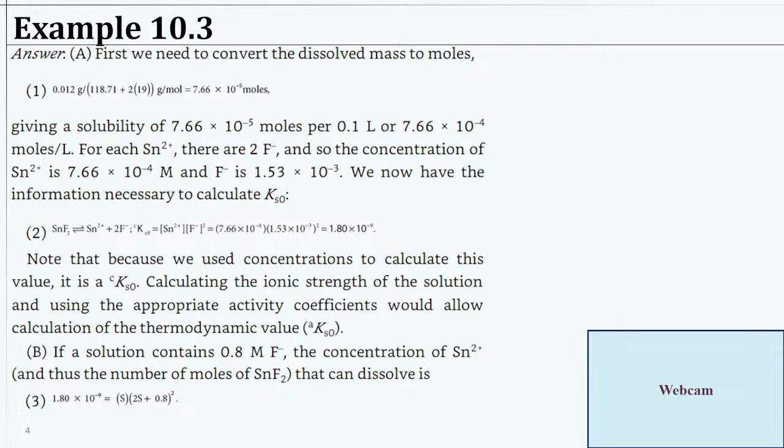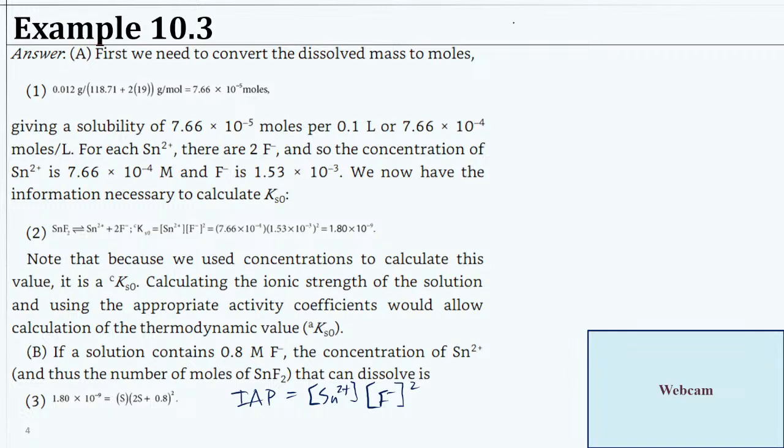So they're going to say that the ion activity product is equal to Sn2+ times F- squared. And what they've done is they said another way to write this is to use some sort of substitution value.